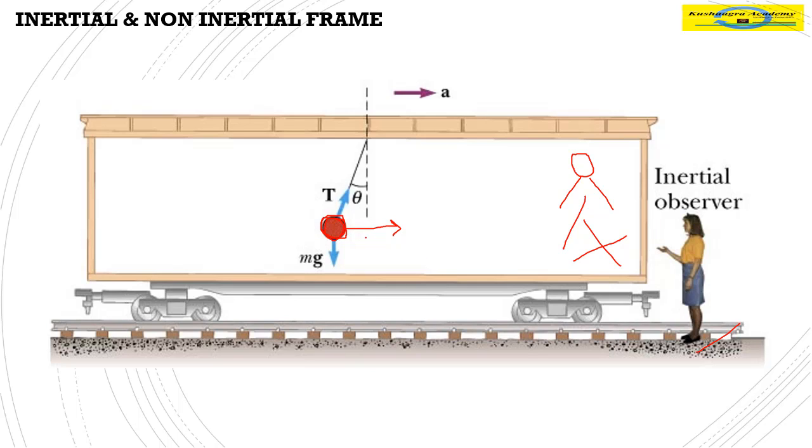For the girl, it is accelerating, force is ma, and hence it is moving. But for this person who is inside the train, if ma were here, then the ball would have been accelerating in this direction. But since it is stationary, an equal force is said to be acting on the left-hand side, equal in magnitude to ma, and we say a force ma is acting on the left.